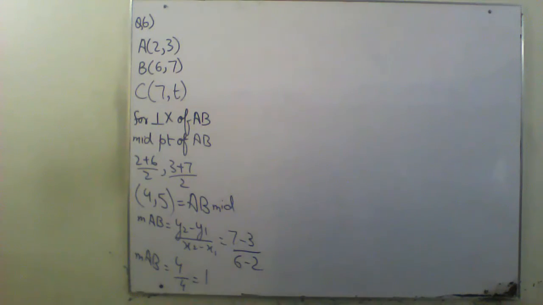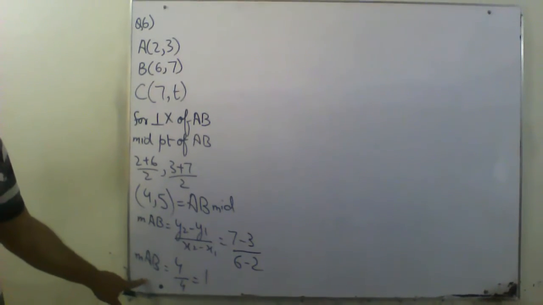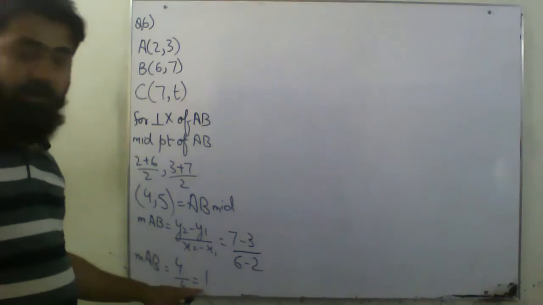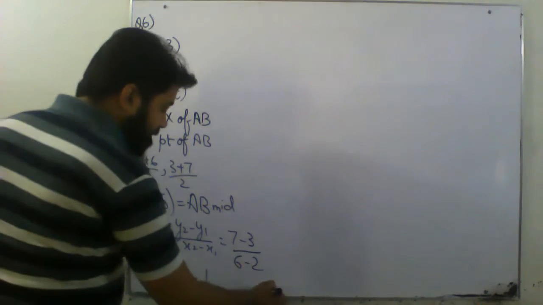The gradient of AB is 1. Now that I have the gradient of AB, I will use it to get my further result.